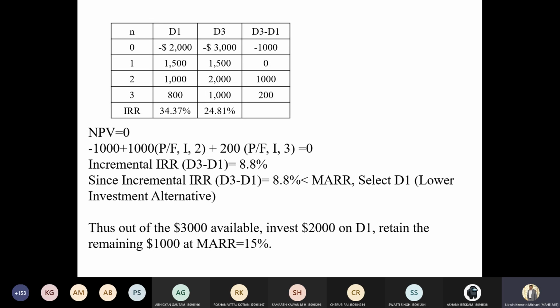You get IRR equal to 8.8%, whereas your MARR is 15%. So that means IRR of D3 minus D1 is lesser than MARR, 8.8%, and thereby you're rejecting alternative D3. So here you find that alternative D1 is better than alternative D3 as well as alternative D2.